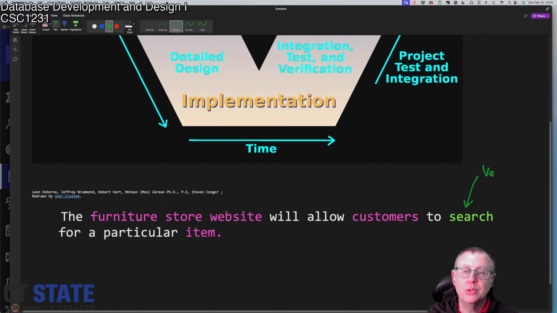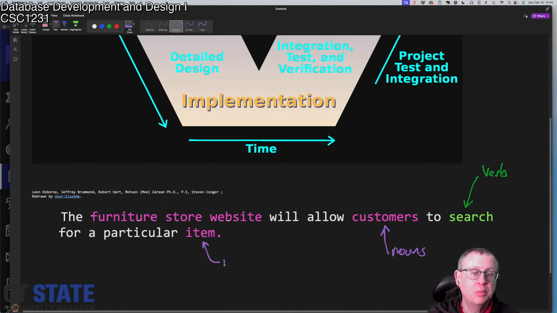So this is a verb or a doing word. And then these other ones are our nouns.